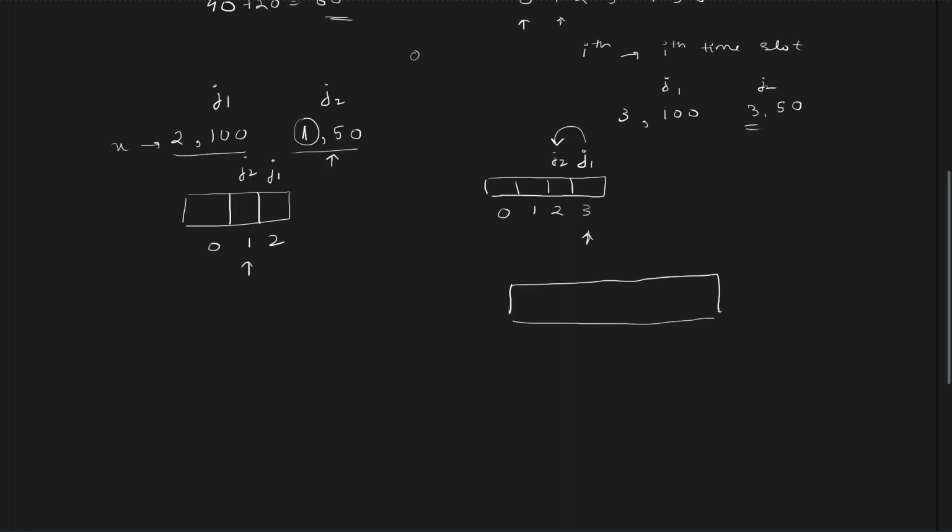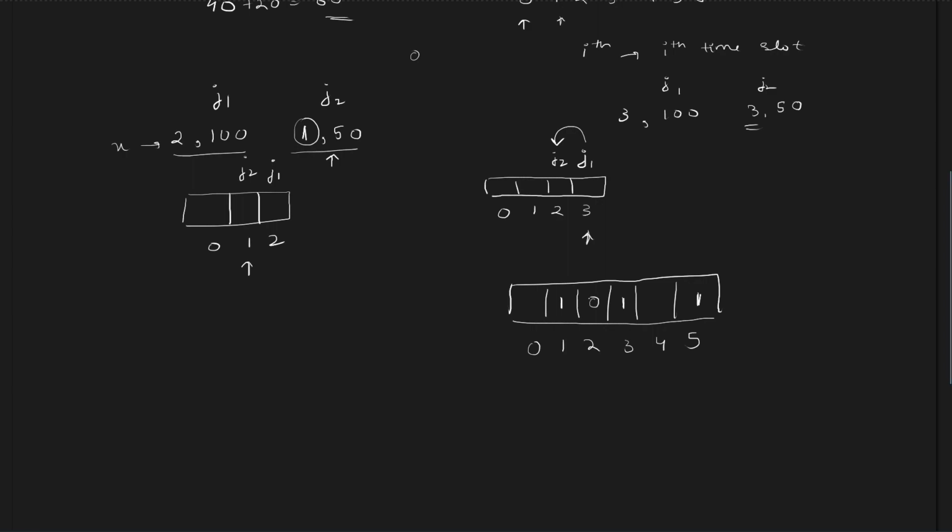With the help of binary search, we can find the maximum index such that I can place that job. But binary search is not going to work in this particular case. I'm telling you the reason why. For example, if these are some indexes, there can be a case where some value from here is taken, some value from here is taken, and some value from here is taken, right?